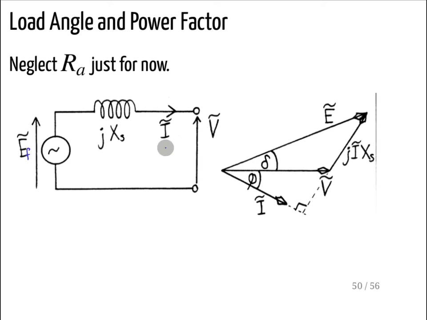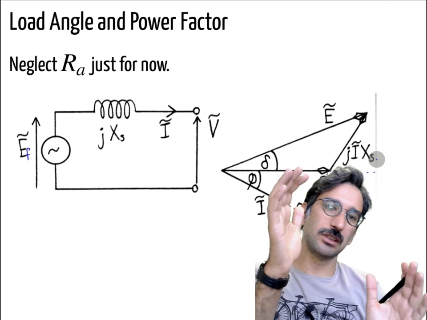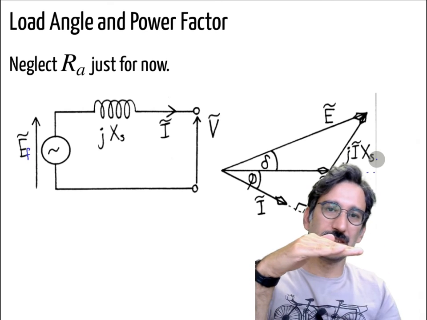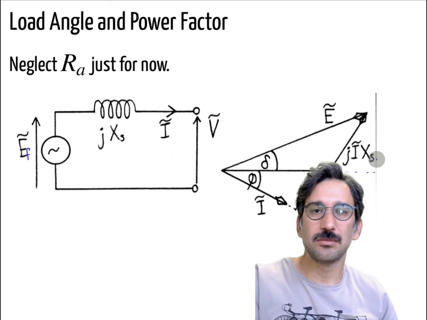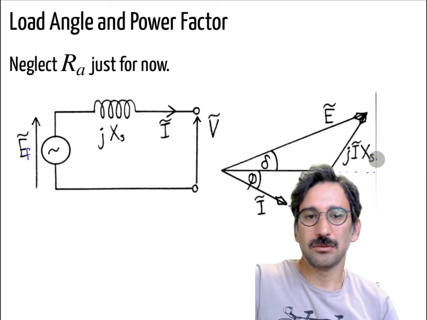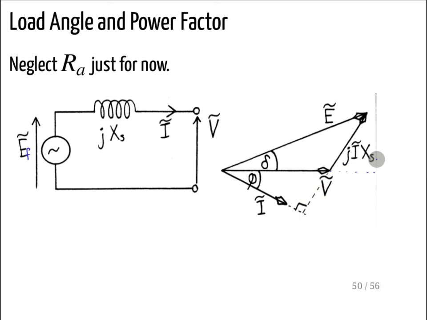It is not important how you put the phasors or where your zero angle is. You can take EF as the zero angle and draw everything with respect to that, but the more common approach is to take the terminal voltage as the zero angle reference. This is the terminal voltage, and this is the induced voltage.